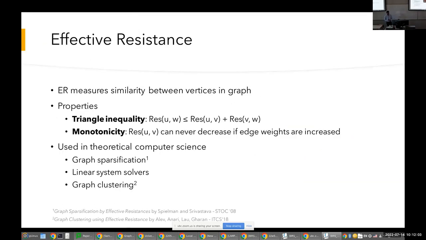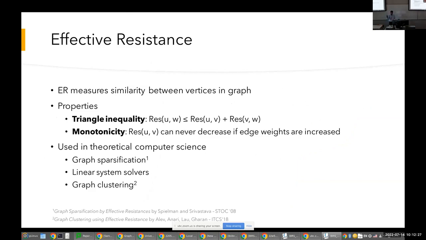So why are we looking at effective resistance? It turns out it's a nice measure that gives us some notion of similarity between pairs of vertices in the graph. It has some nice properties. I'm not going to go into too much detail, but first of all, it is a true distance in the sense that it satisfies the triangle inequality.